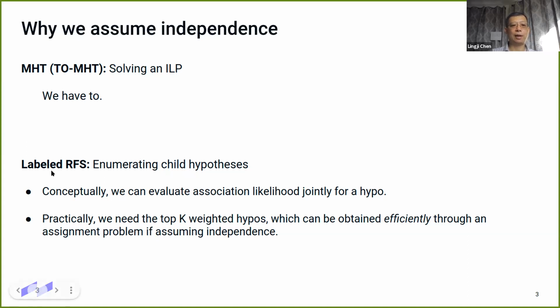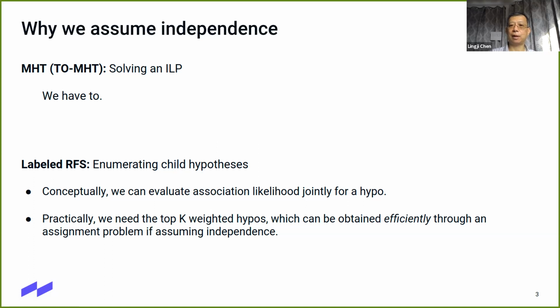In the labeled RFS framework, essentially, we are enumerating child hypotheses. Conceptually, we can evaluate the association likelihood between all the measurements and all tracks jointly under one hypothesis. But in practice, when we do the actual computation, we cannot keep in memory all the child hypotheses.